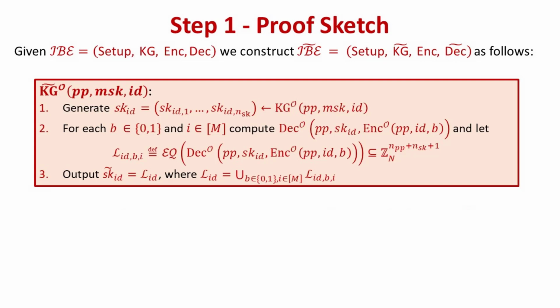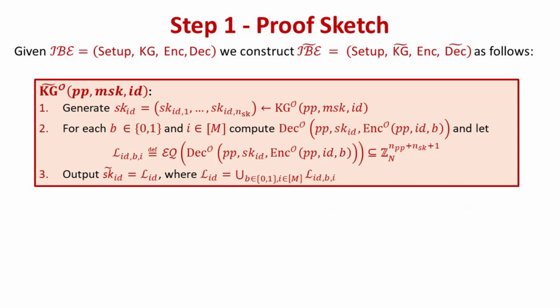Notice that these equations involve the group generator 1, the group elements in the public parameters, and the group elements in the identity secret key. The modified key generation algorithm then outputs the union of these sets, which we denote by LID.